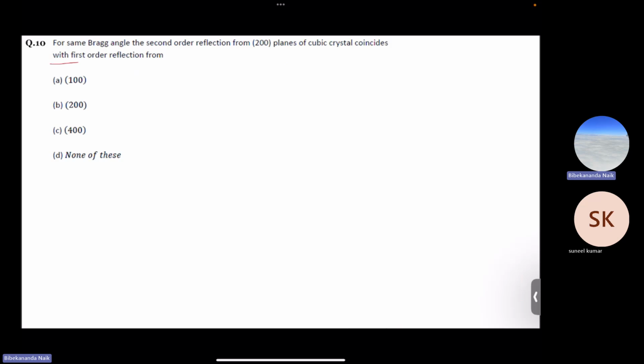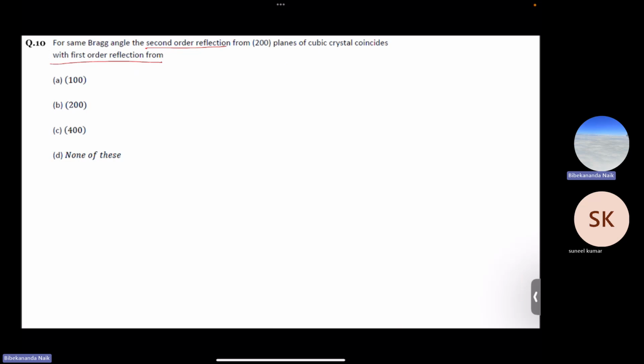Okay, so let's move to the next question. The question says, for some Bragg angle, the second order reflection from 200 plane of cubic crystal coincides with the first order reflection from which plane?